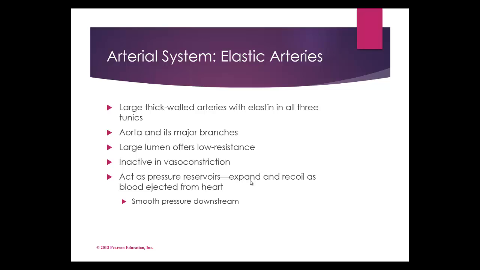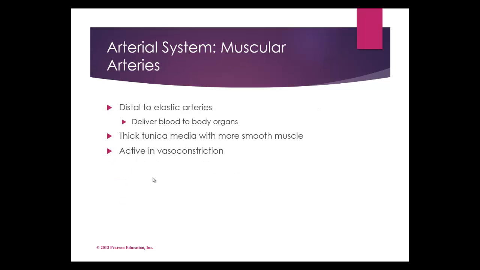And then it just allows for a smoother pressure downstream if these can kind of balloon out as the heart contracts and then recoil as the heart relaxes again, allowing a good supply of blood entering into the muscular arteries.